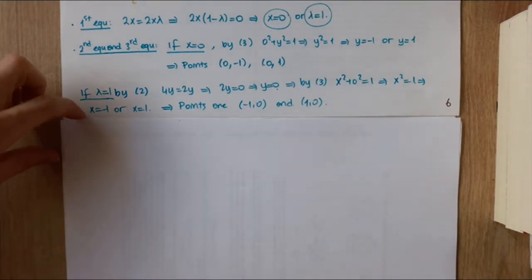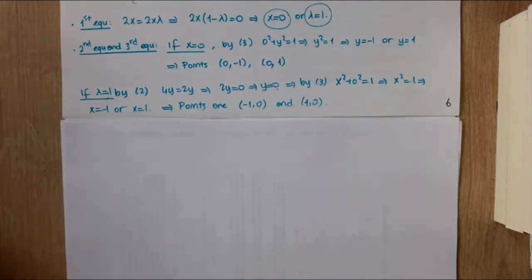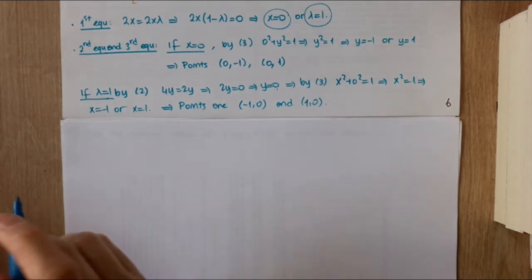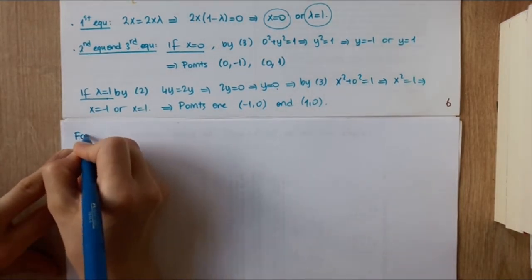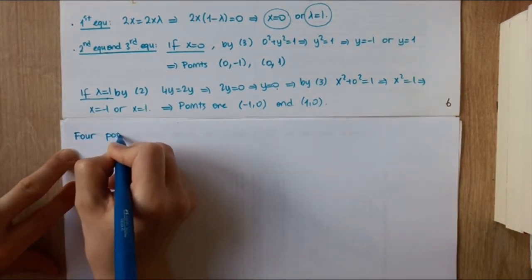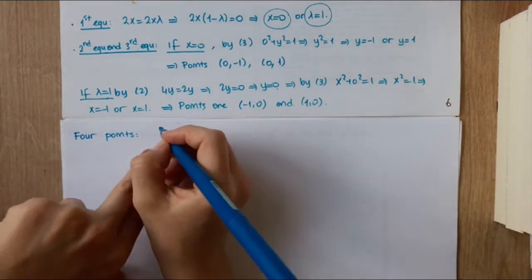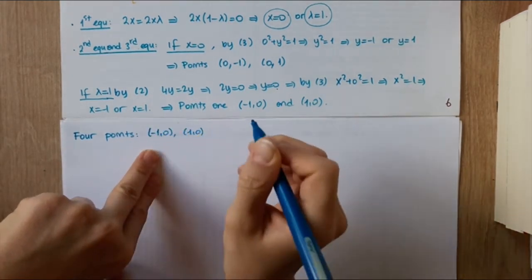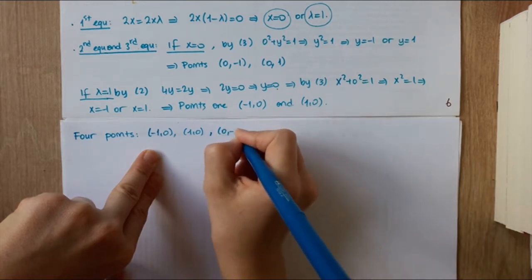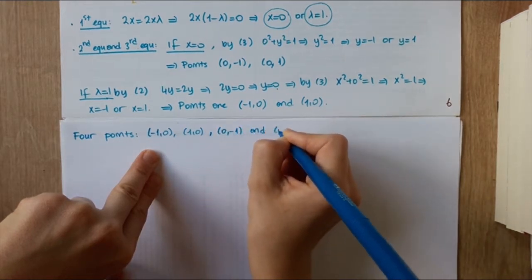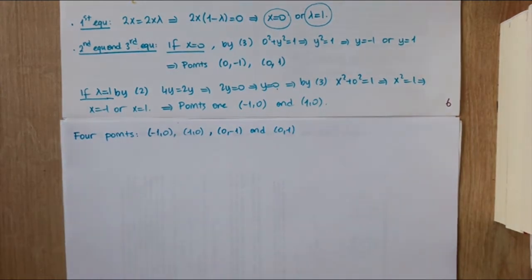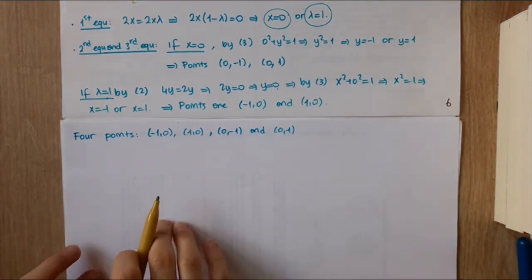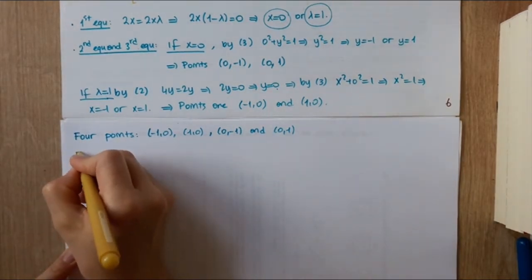We have 4 points. Let me write them: minus 1, 0; 1, 0; 0, minus 1; and 0, 1. To obtain the maximum value, I need to evaluate f at these points.